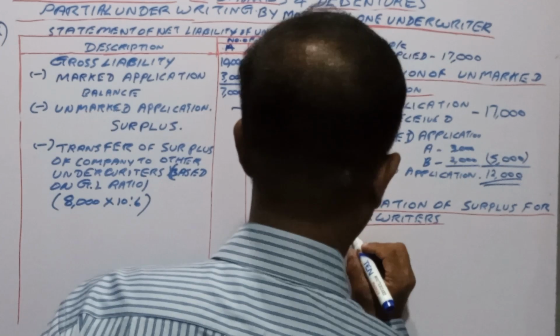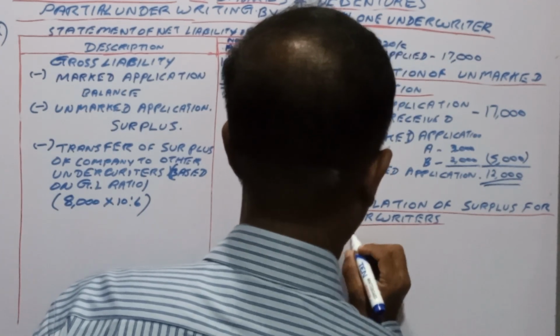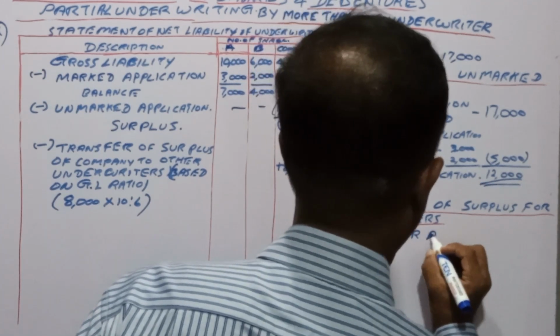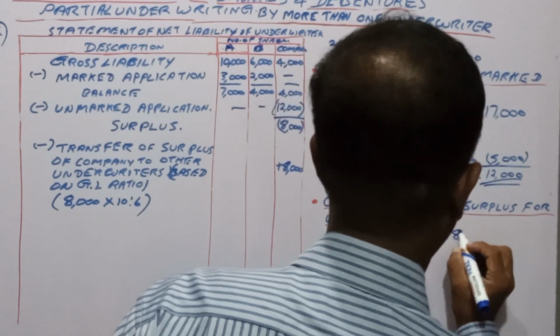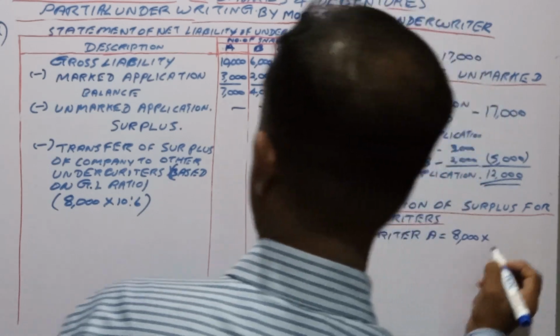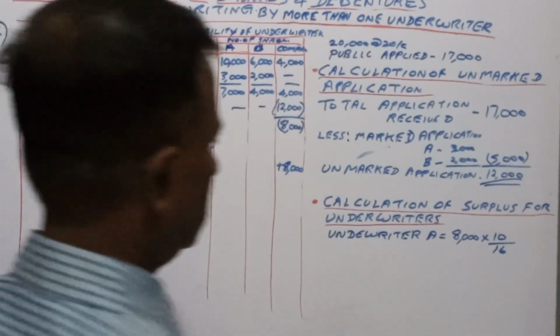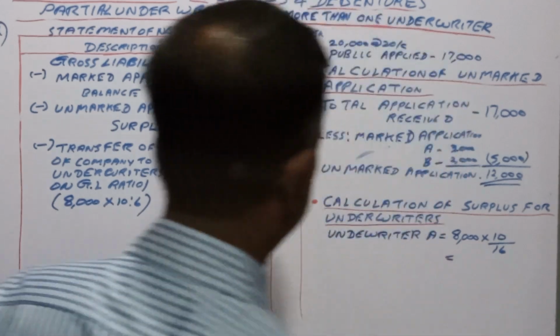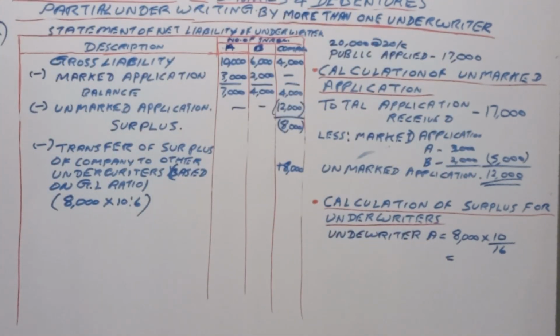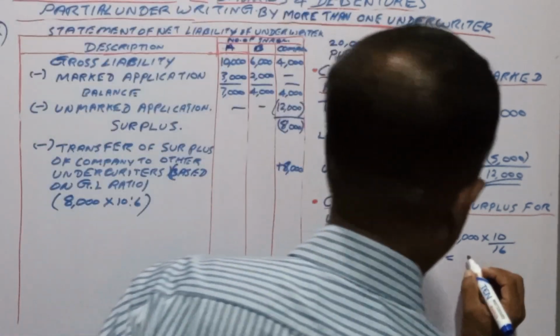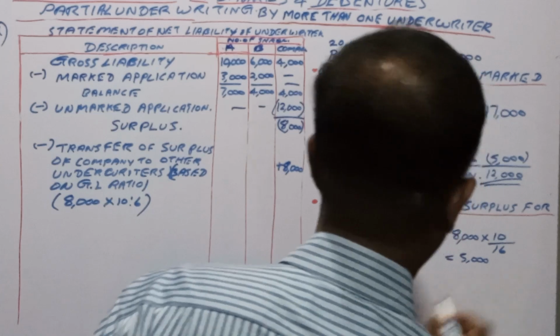For underwriter A, it is equal to 8,000 into 10 divided by 16, that is equal to 5,000.